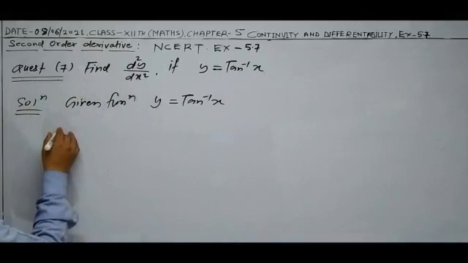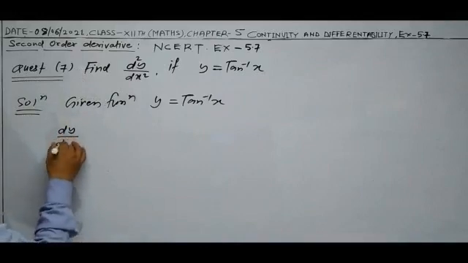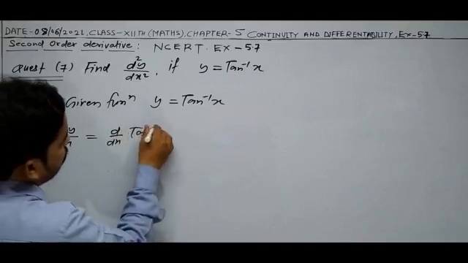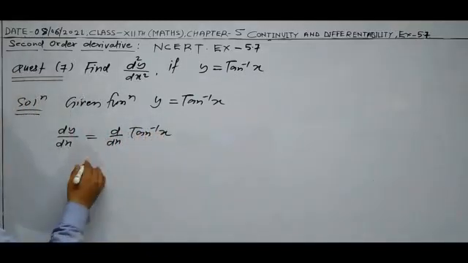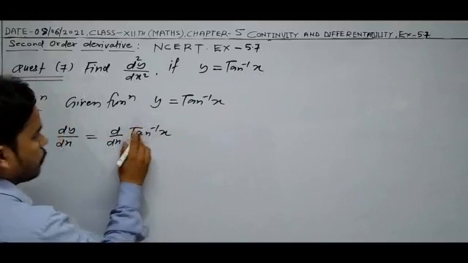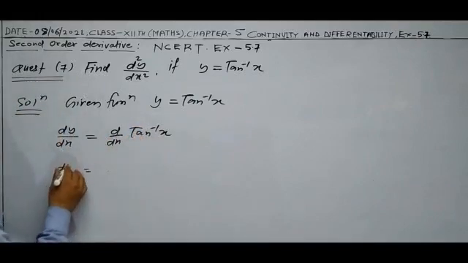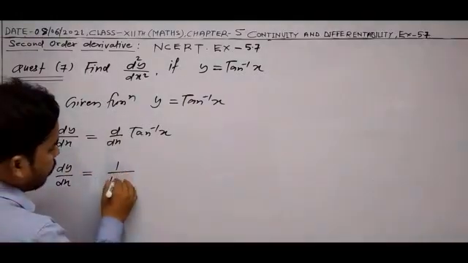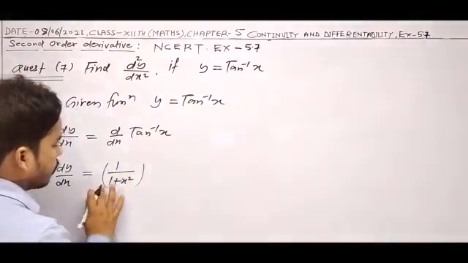Differentiate the function with respect to x, operate d by dx on both sides. So what will be the result? You know its differentiation is 1 upon 1 plus x square.